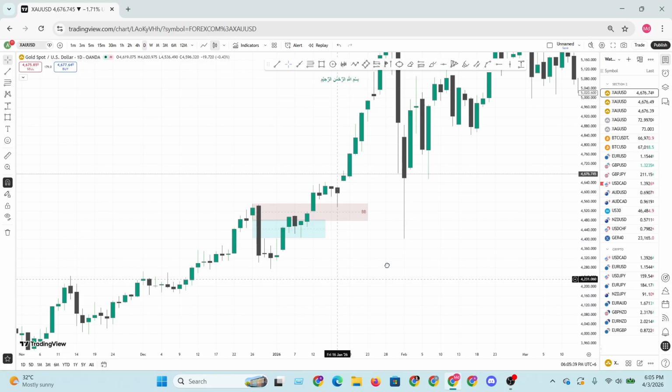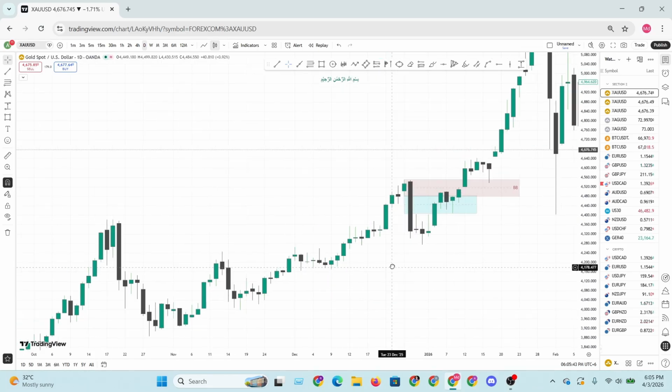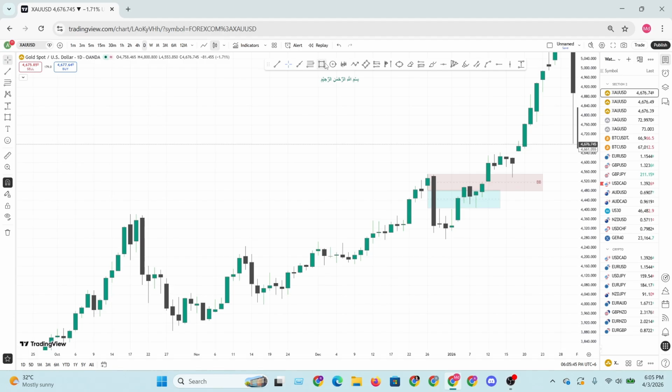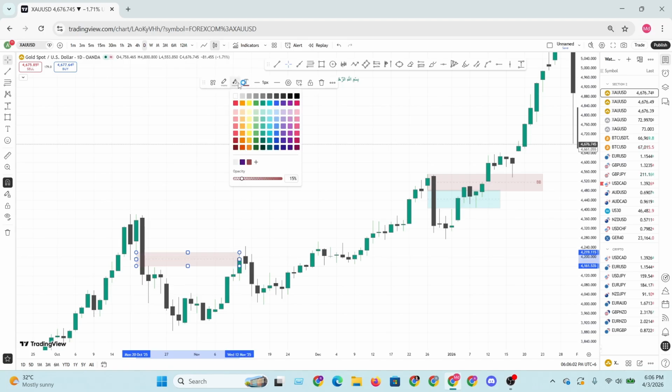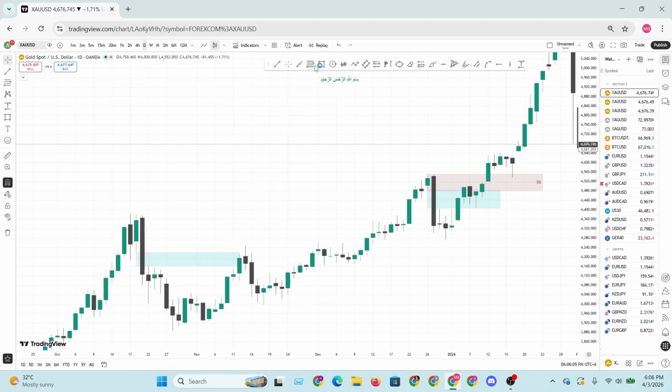Okay guys, let's find out another example. Here is another, here is a good one. So this is the first candle, this is the second candle, and this is the third candle. The gap between these candles is the FVG, and the first candle is the order block.